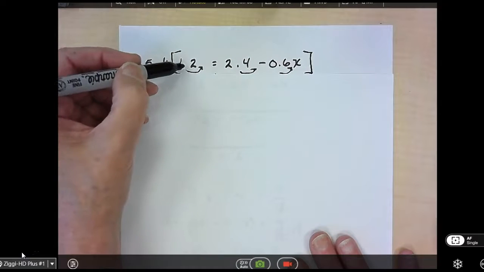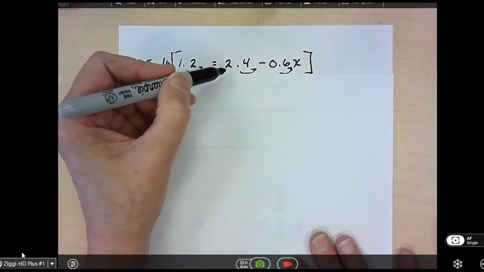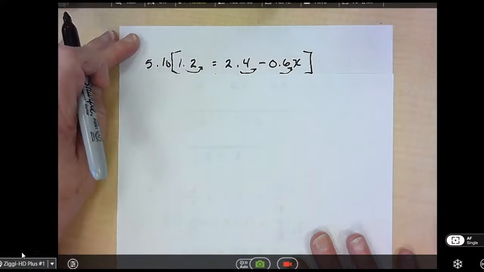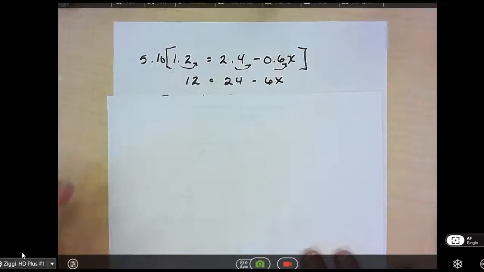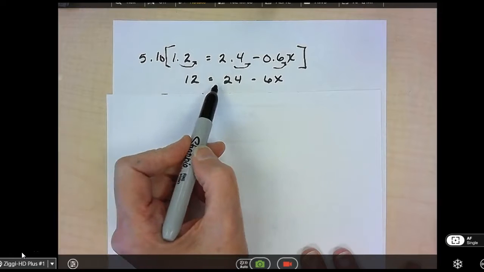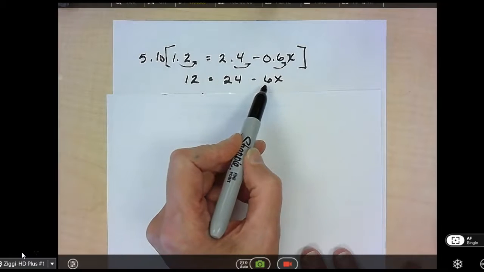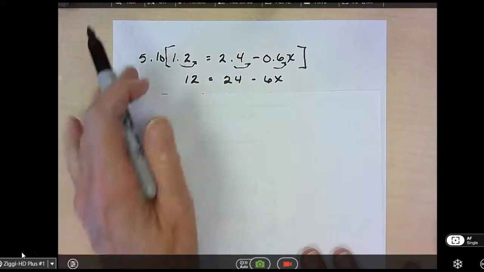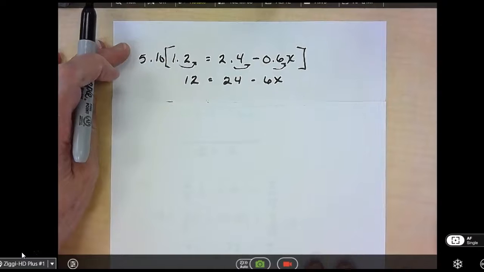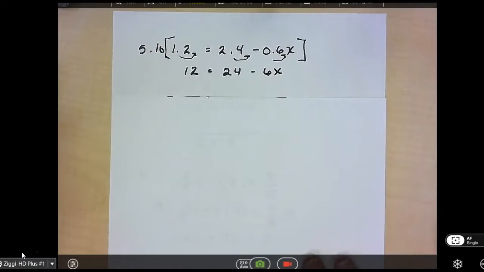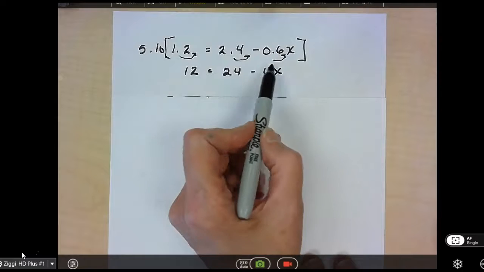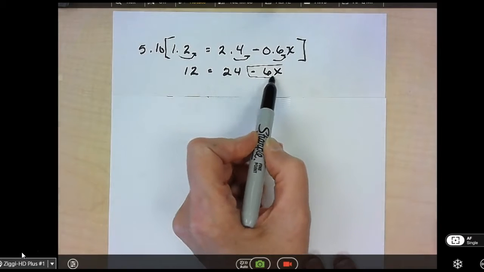So 10 times 1.2 is 12. 10 times 2.4 is 24. 10 times 0.6 is 6. So I get 12 equals 24 minus 6x. And so I've simplified the decimals, and now I want to start solving. So I isolate my variable term.